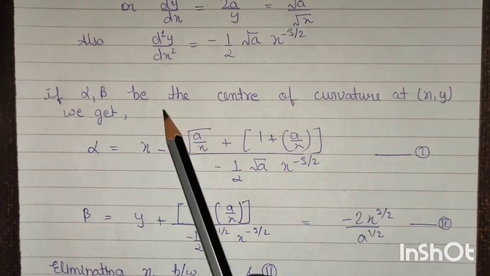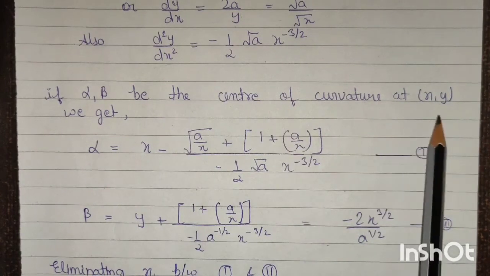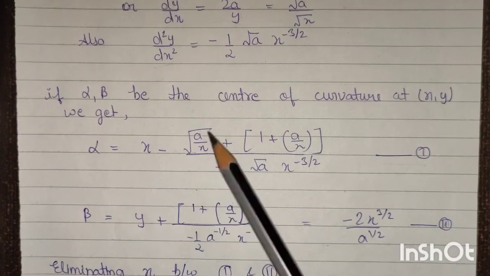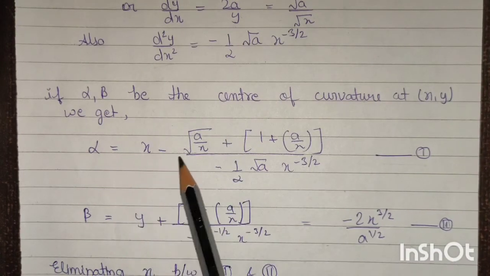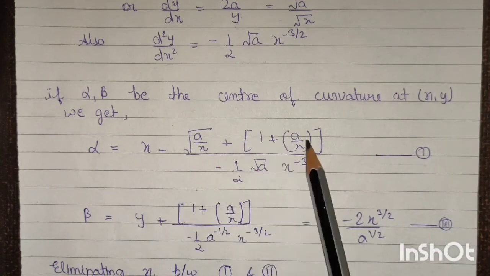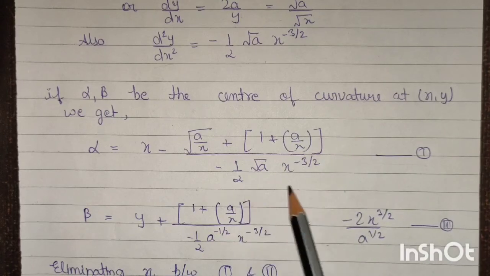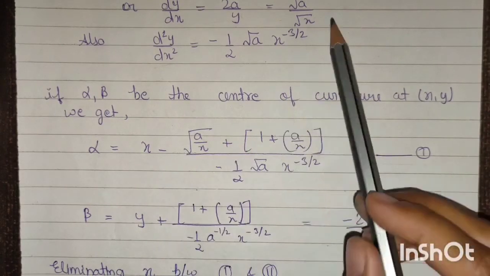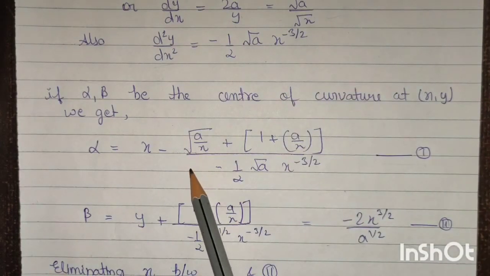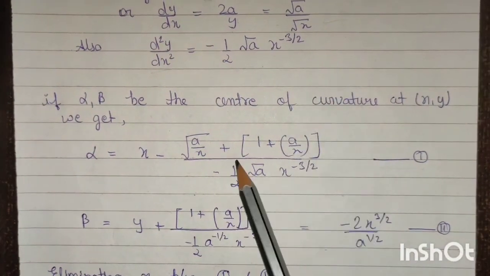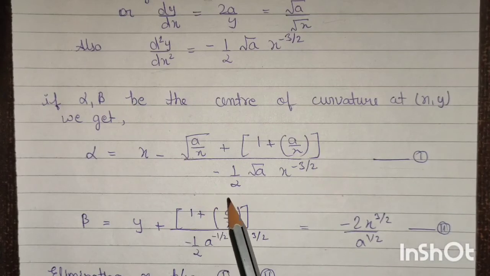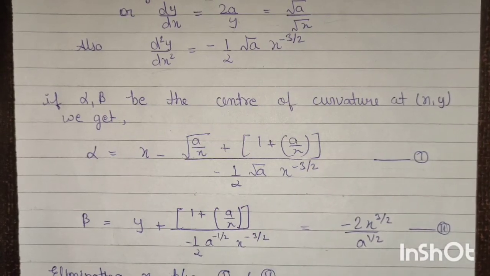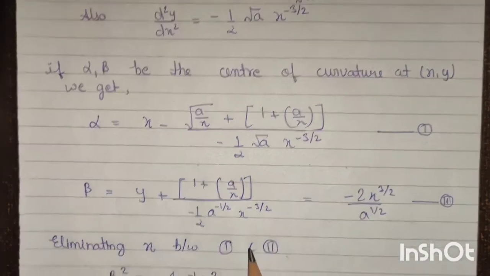If (α, β) be the center of curvature at (x, y), using the formula we get α = x - (dy/dx)(1 + (dy/dx)²)/(d²y/dx²). After substituting the values we get x - √(a/x) (1 + a/x) divided by -1/(2√a) x^(-3/2), equating it as equation 1.